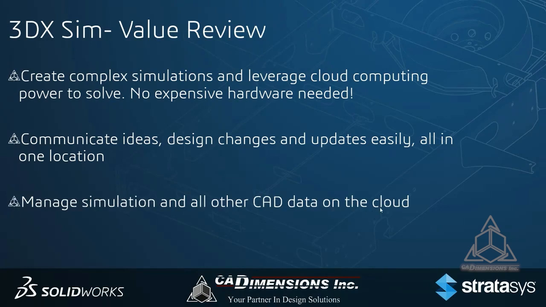We can manage our simulation and all of our other CAD data directly on the cloud, right? So as soon as we upload from SolidWorks using the desktop connector, that data is now in the cloud. So I can go ahead, I can pull it down, make a change in SolidWorks, update a new revision, or just change the current revision, throw it back up in the cloud, move over to my flow simulation application, pull down the new revision or update the current revision, pull down those geometry changes, remesh, rerun, and get our new results.